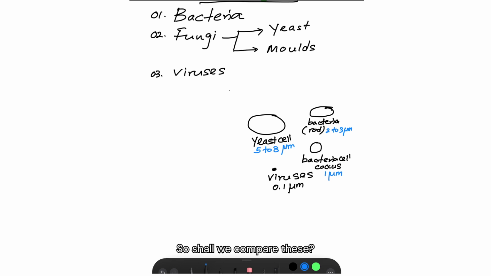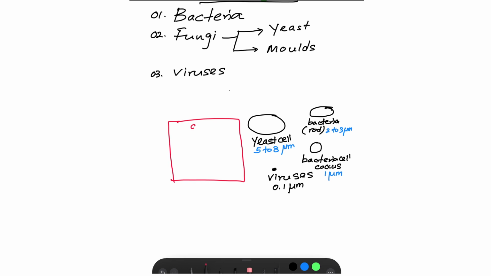Shall we compare these organisms with the animal cell? Normally the size of the animal cell is around 10 micrometers. This is the animal cell.